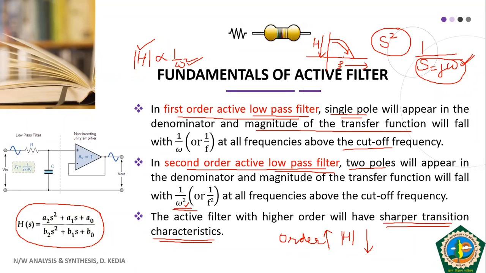So as the frequency increases, the magnitude of the transfer function decreases. That's why we are discussing this with respect to the low pass filter. I hope this is clear to each and every student. So now we move to the next slide.